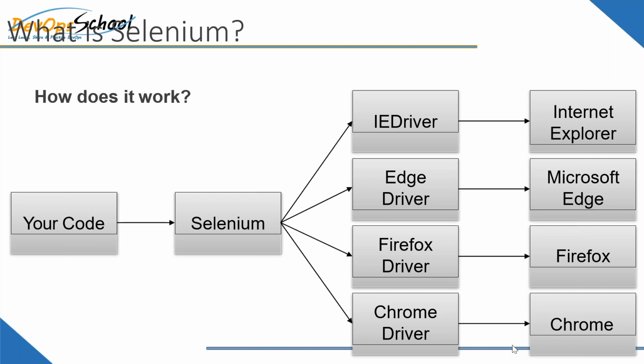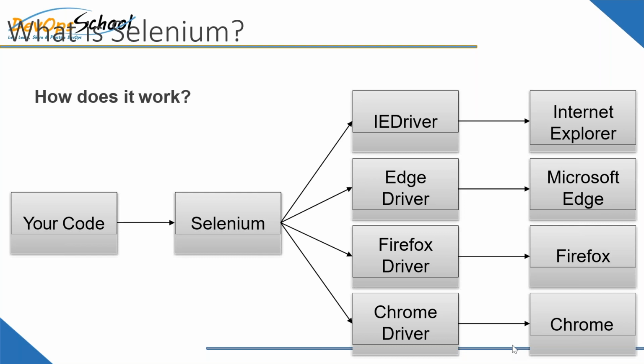So the code written with Selenium is sent to the different browser drivers, and those drivers will call the browser. Whatever code you have written, the browser will open up, perform all these actions, and then give you the results, whether success or failure.